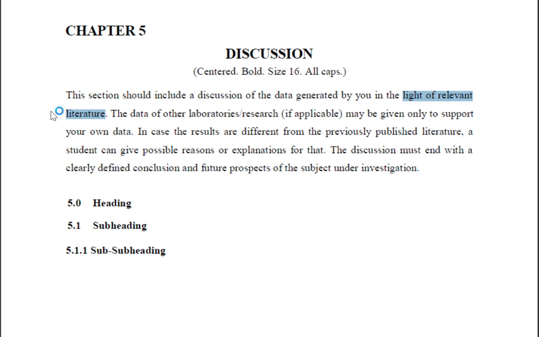So for this, try to choose the recent literature, and also if there is any old literature, whatever literature is available for your gene, you should mention it. Then comes the data of the other laboratories, whatever it is, European, American, Australian, whatever laboratory work is there, you can compare them, okay, and maybe given only to support your data in case the results are different from the previously published literature. So this is the second thing.